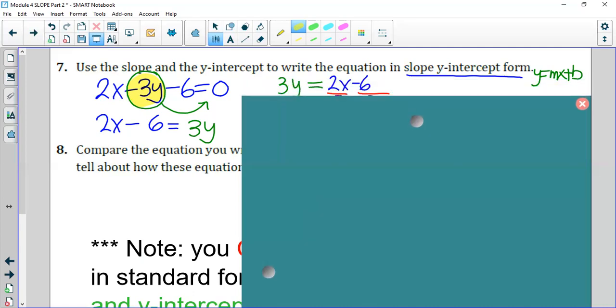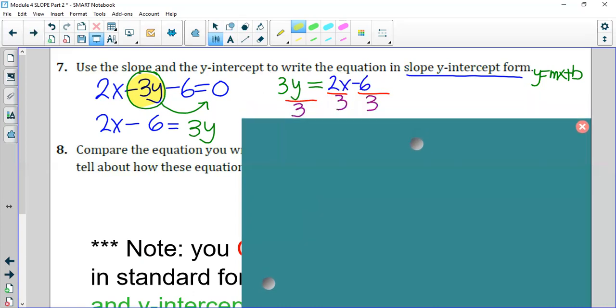I can even rewrite it, flipping the sides to make myself more comfortable. There is a 3 attached to the y. How can I get rid of that 3 so y is by itself? I want to divide both sides, every single term.